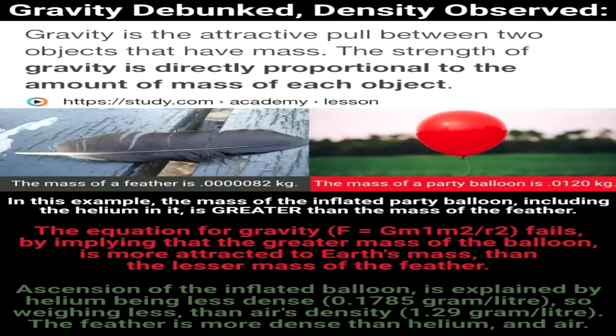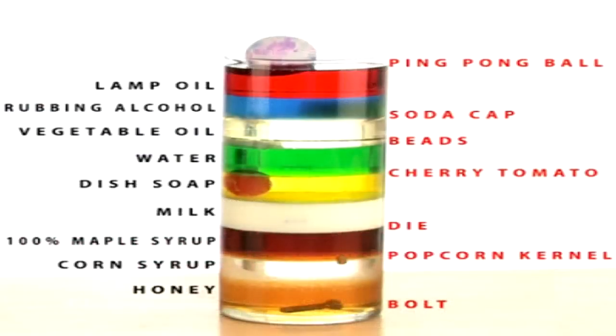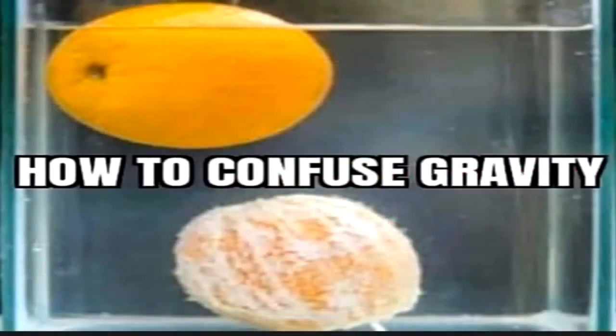Imagine a dandelion seed and a brick, or a piece of paper and a boulder. These examples and many others fall at drastically different rates, debunking the supposed uniform speed of acceleration due to gravity of 9.81 meters per second squared. This phenomenon would be more accurately titled the maximum acceleration towards density equilibrium.